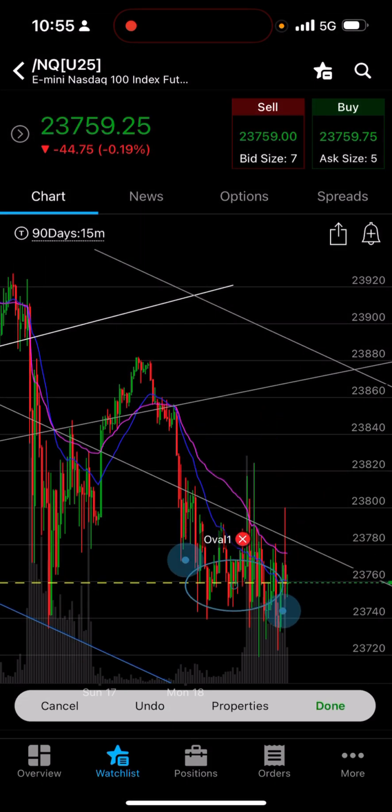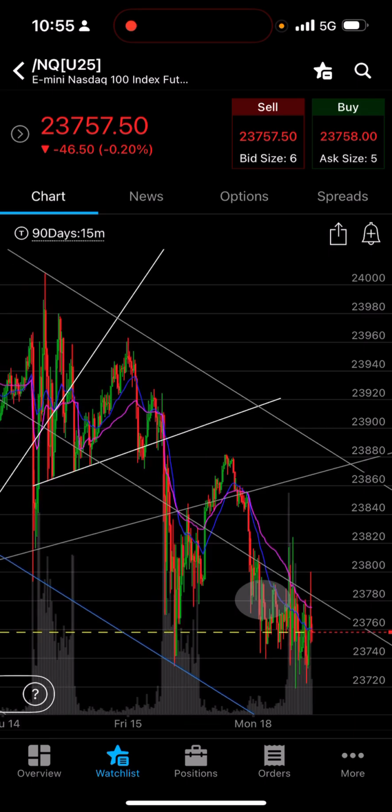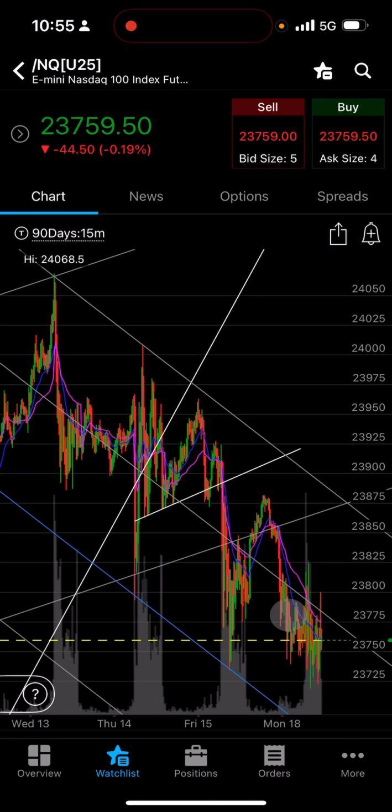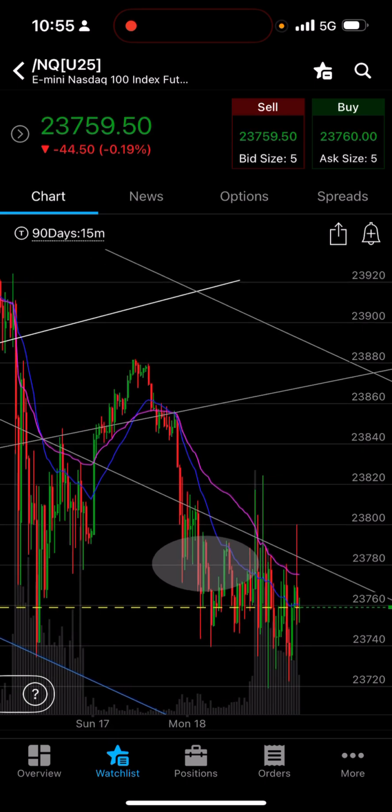Last night it was like 2 a.m., which is normally pretty late session for trading for me, but I was seeing that it could sweep the high side, which is 23,800.